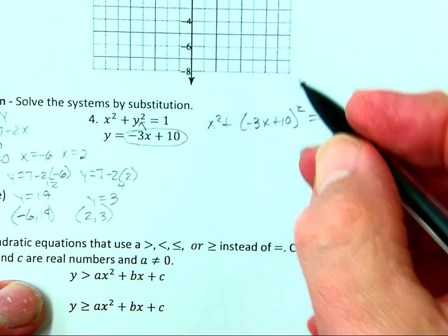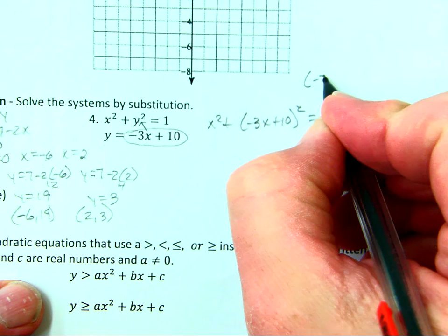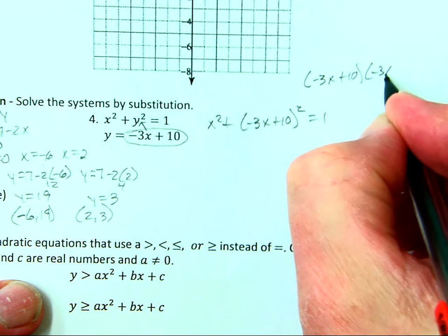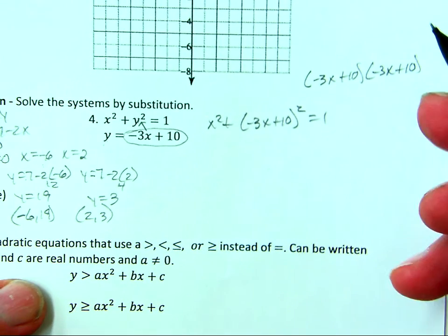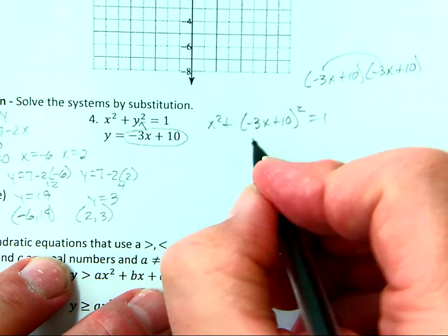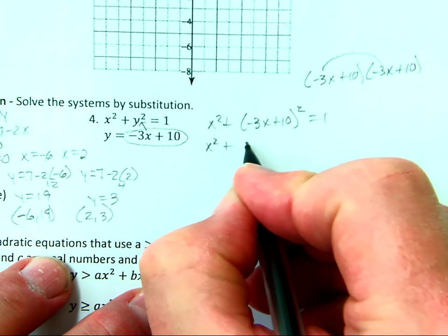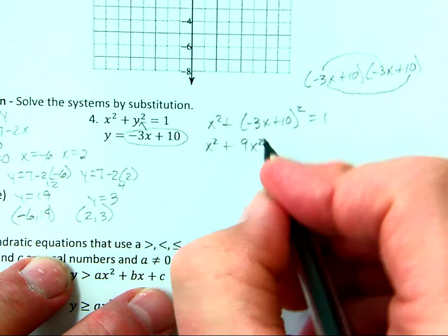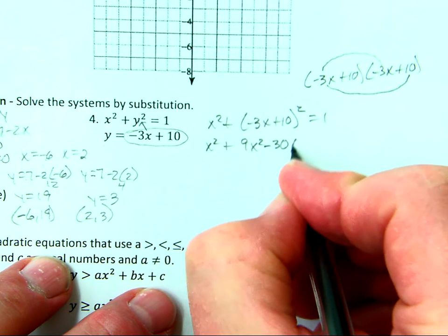Now we need to multiply this out. Remember, that's like negative 3x plus 10 times itself, negative 3x plus 10. If we distribute there, we have negative 3x times negative 3x, that's 9x squared. Then we have negative 3x times 10, that's negative 30x.